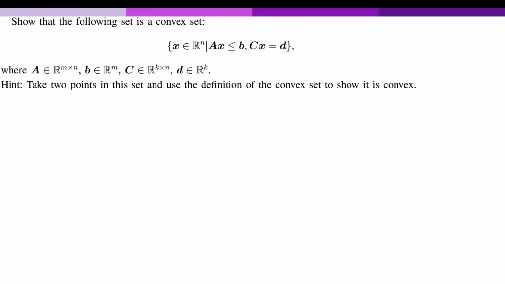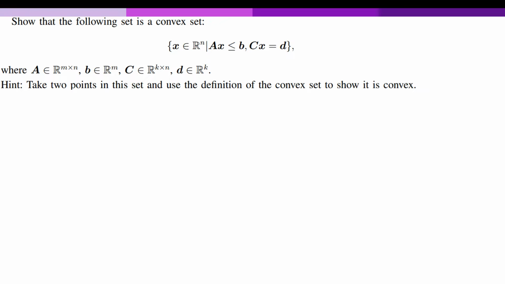So, for the first question, we have a convex set. A set is given and we want to demonstrate that this set is convex. So, what we're going to do is to use the definition of the convex set by considering 2 points.